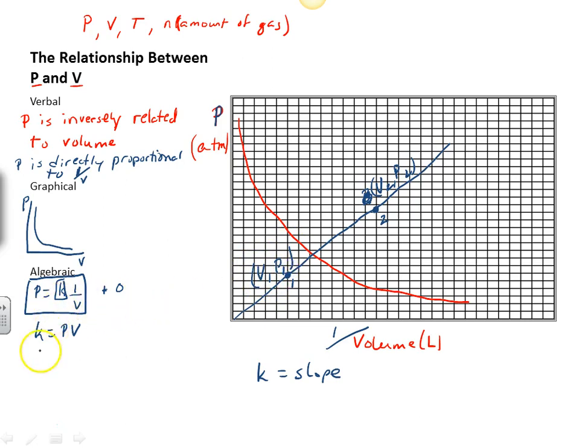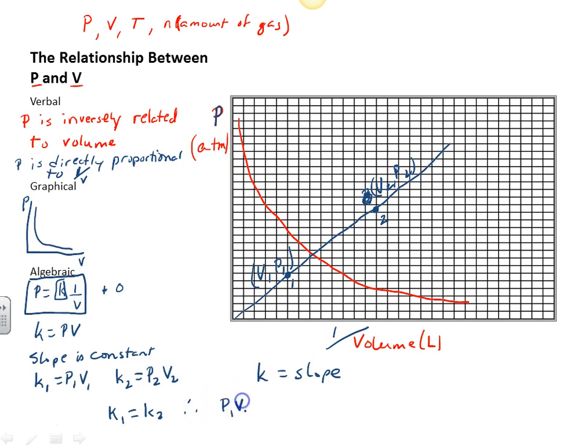Because we know that pressure times volume is equal to a slope, and the slope is constant, if the slope at point 1 is P1 times V1, and the slope at point 2 is P2 times V2, then K1 equals K2, because that's the constant slope. Therefore, P1 V1 equals P2 V2.